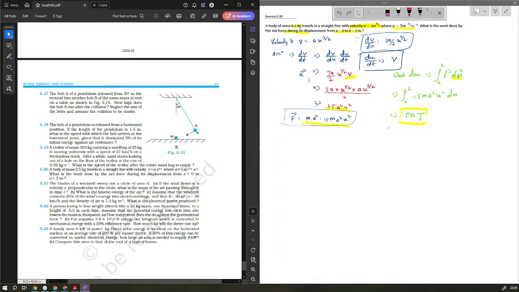Once we get the force as a function of position, we can simply integrate for the limit of x equals 0 to 2 meters, and we get the value of 50 joules. You can refer to the solution for the detailed explanation.